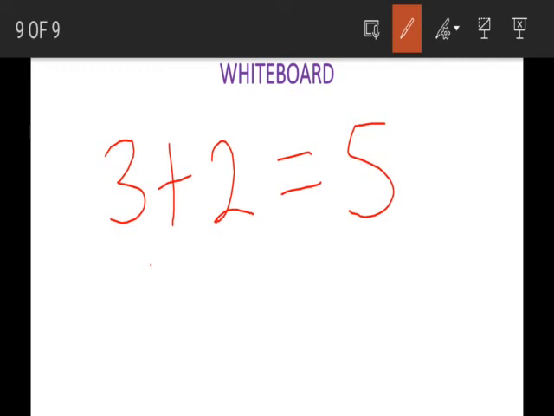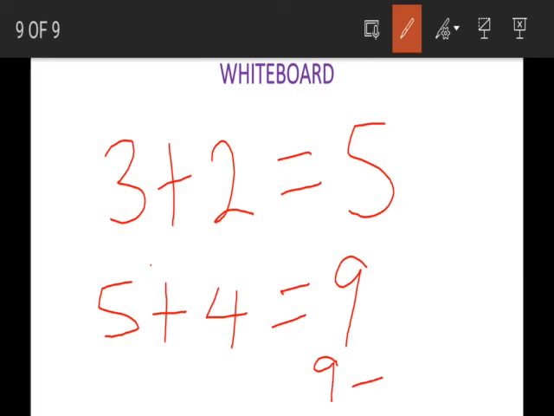Then that 5 plus the number inside the rectangle, which is 4. 5 plus 4 is equal to 9. Then 9 minus 5, which is the number at the top left hand of the rectangle. 9 minus 5 gives us 4.